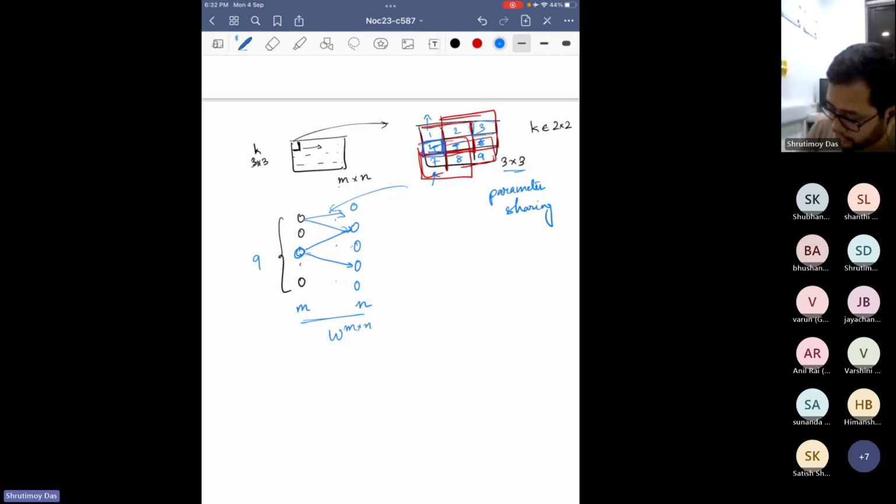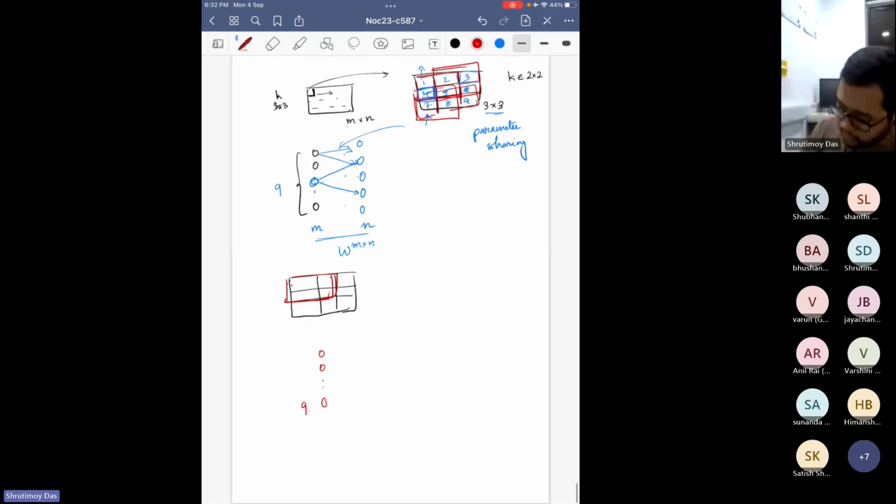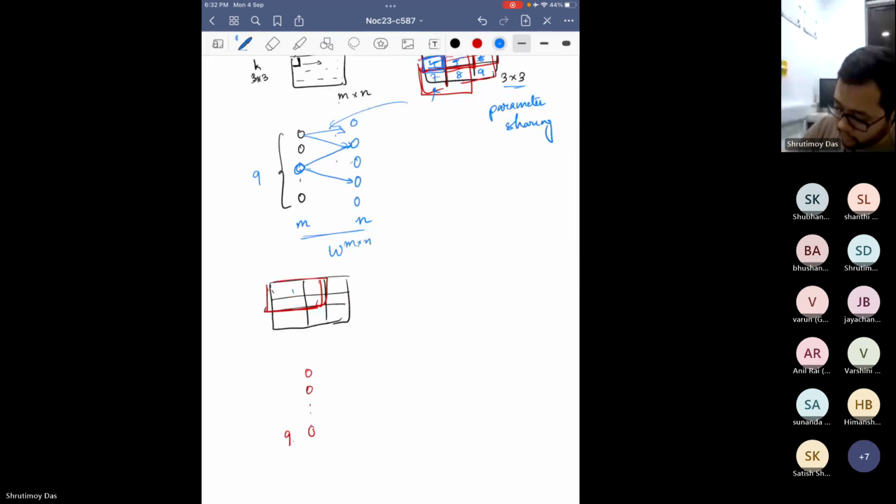I will create a new image here. So suppose this is your K. Earlier we had 9 here, and now let's number these 2, 3, 4, 5, 6, 7, 8, 9. With K1 we have 1, 2, 4, and 5. So suppose we have K1.